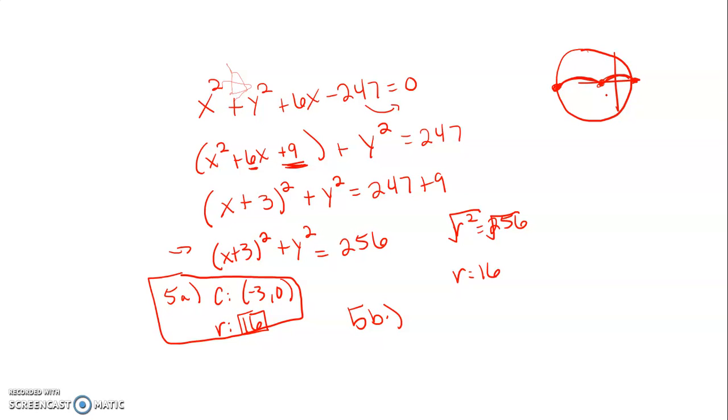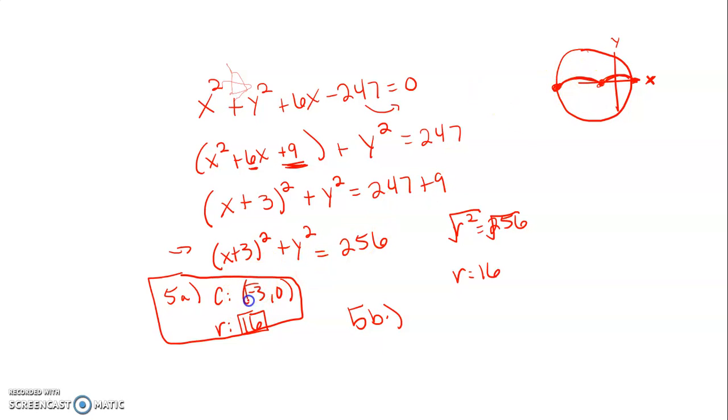Well, if I'm looking at this, my center is at -3, 0. If I'm going to the right and the left, then I'm counting in the x direction, right? Because remember, this is our x-axis, this is our y-axis. So if I'm counting left and right, then I'm counting the x values.